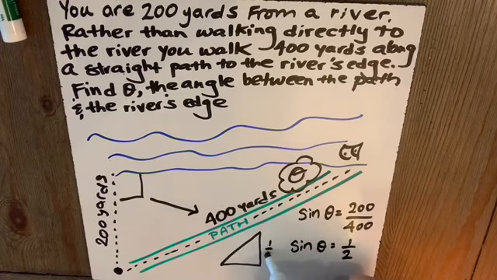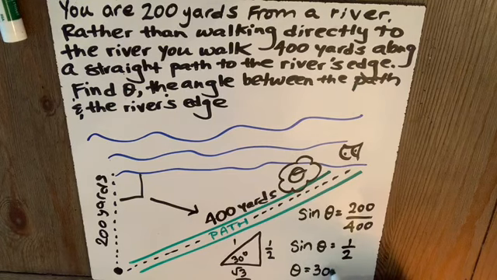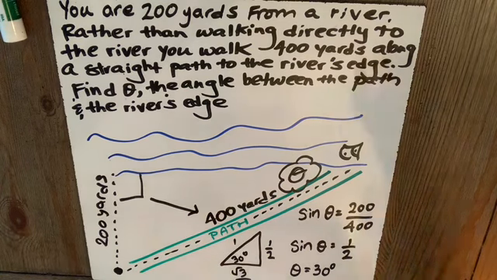I remember I had a special triangle, 1/2, √3/2, and this angle was 30 degrees for the sine. So I can conclude by just knowing my special triangles that that angle should be 30 degrees. Note, I got lucky here that I had this special triangle to work with. Later, we're going to learn methods to find the angle that don't require luck.